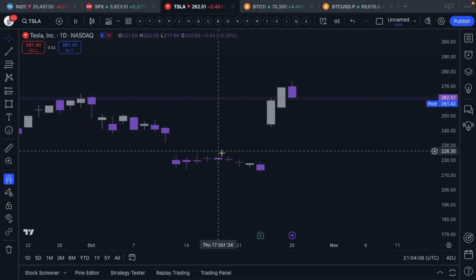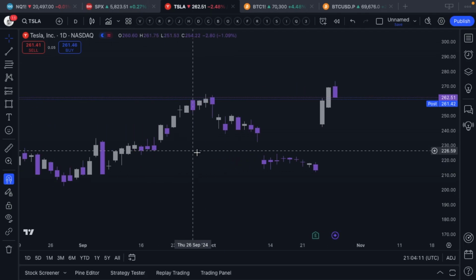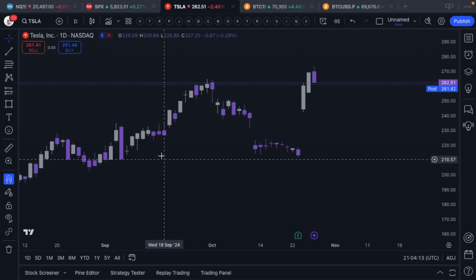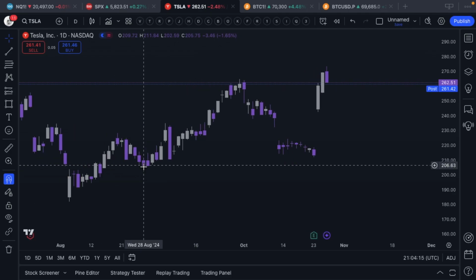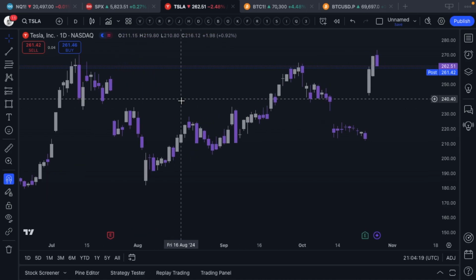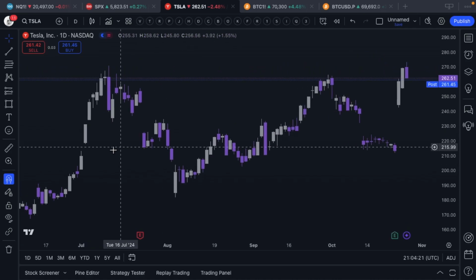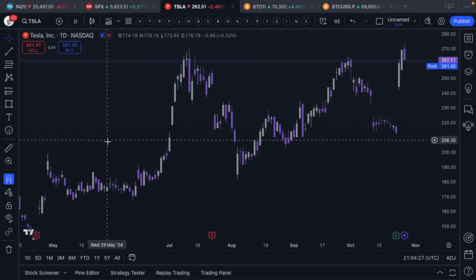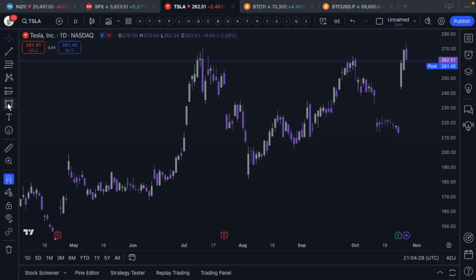And that's what these gaps really refer to in the first place, but we're going to use them a little bit differently, all right? So we can see here, obviously, all of these different gaps from one day's close to the next day's open, all right? So let's formulate how these work out, okay?